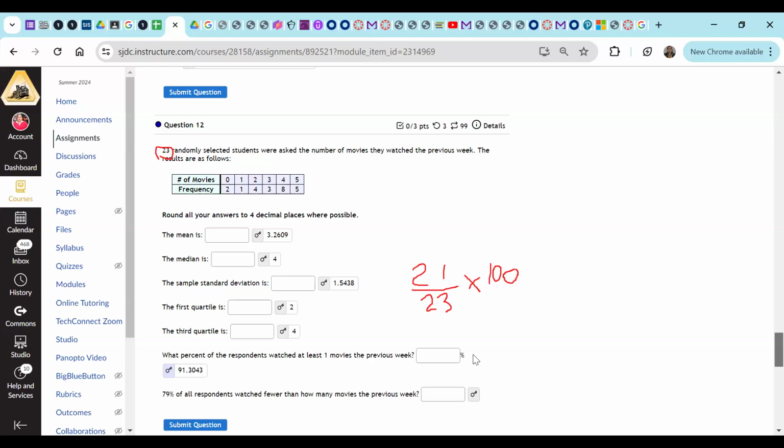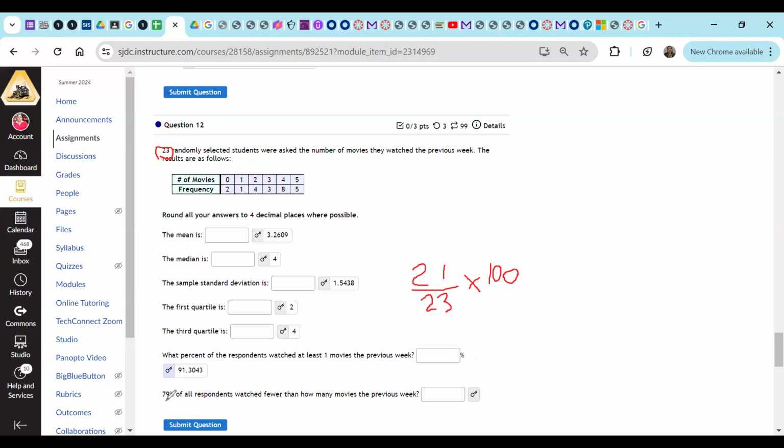We did the percentiles. This is saying 79% of all respondents watched fewer than how many movies the previous week? So what should we do in that scenario?